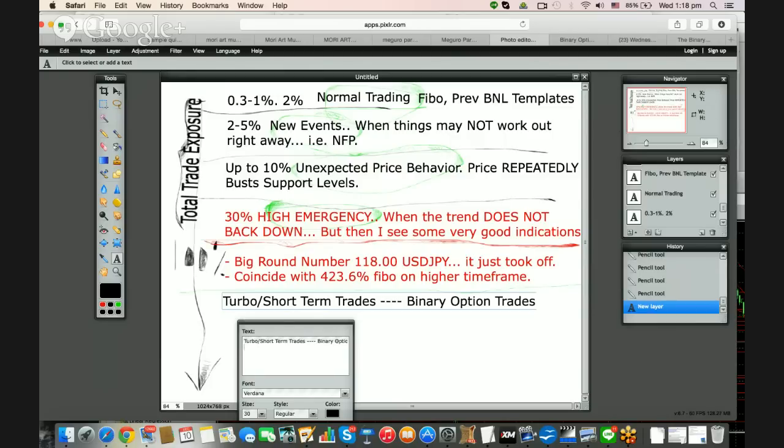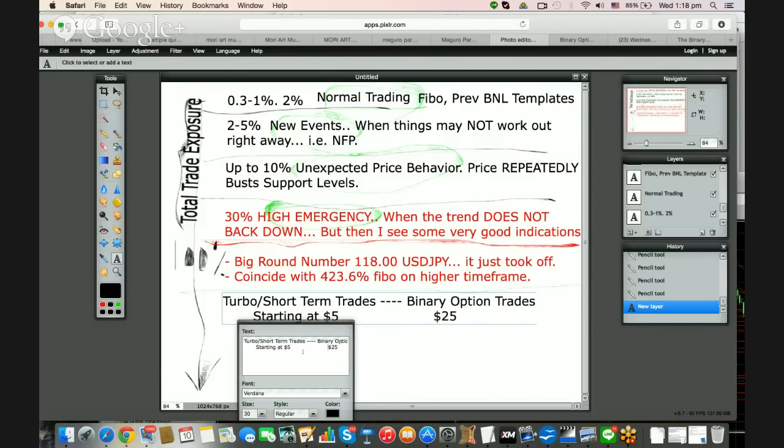For the turbo trades and the short-term trades, most brokers will start at $5. And then there are the binary option trades that most of the time start at 25.